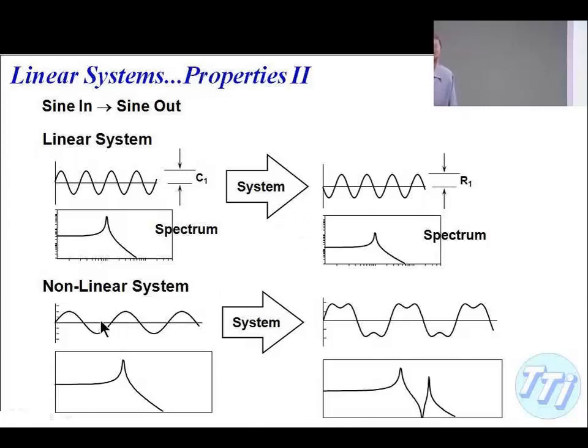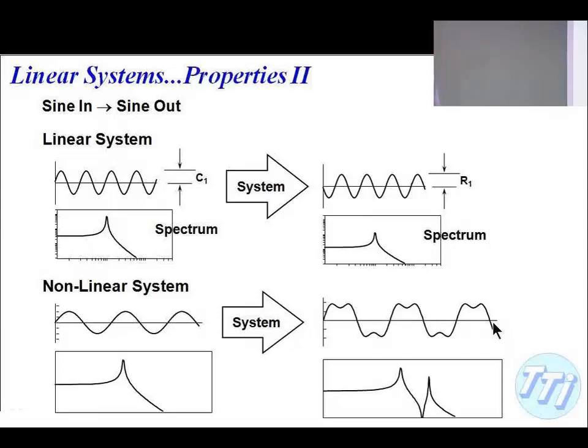So if I excite my system with a sine wave, and I don't get a sine wave back out, that is the first indication that my system is nonlinear. And so a lot of the really cool, simple rules that we're going to talk about don't hold anymore. And we'll see some examples of what happens.